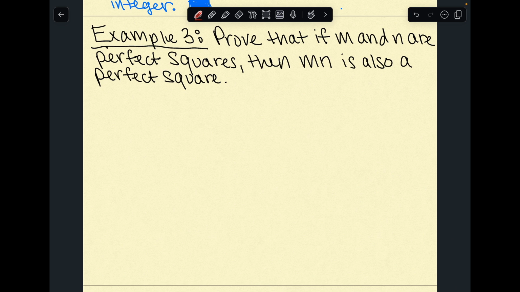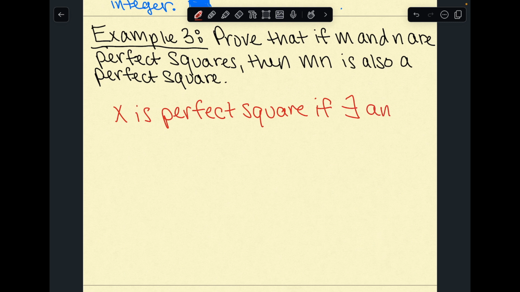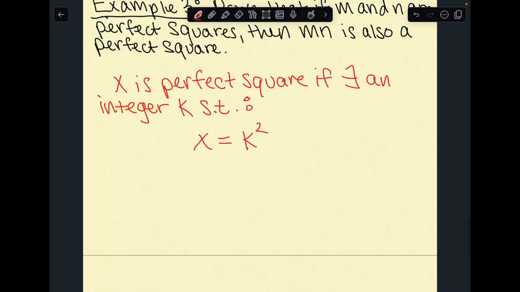It is as follows. x is a perfect square if there exists an integer k such that x is equal to k squared. Basically, this definition states that if you have a perfect square, which is x, it can be written as an integer squared.